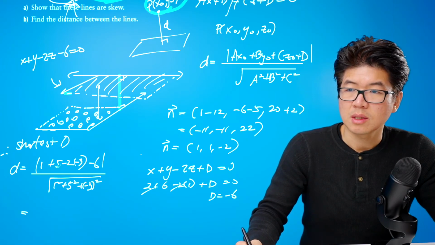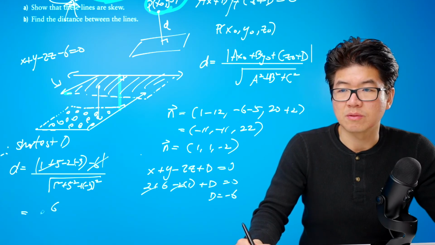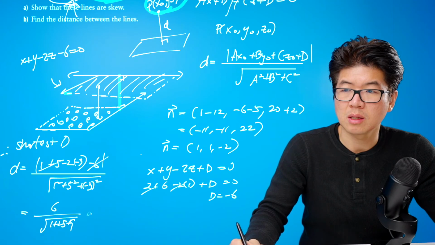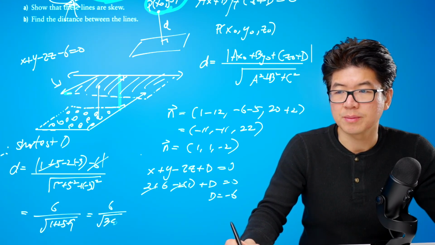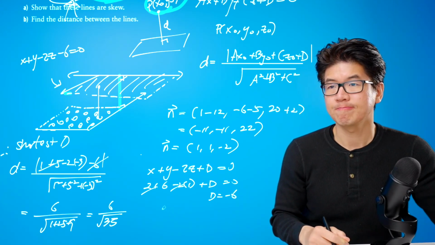So that's 6 minus 6 gone, and we have another positive 6. 1 plus 25 plus 9, so 6 over, what is that, root 35. That's the shortest distance.